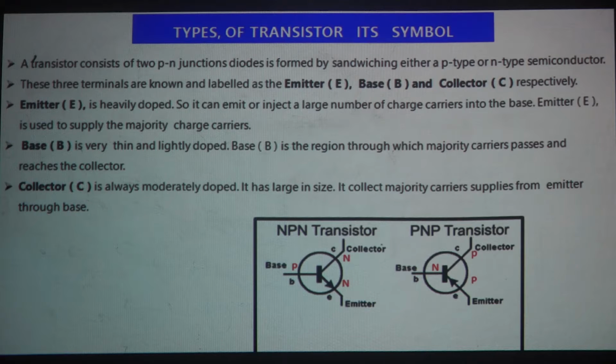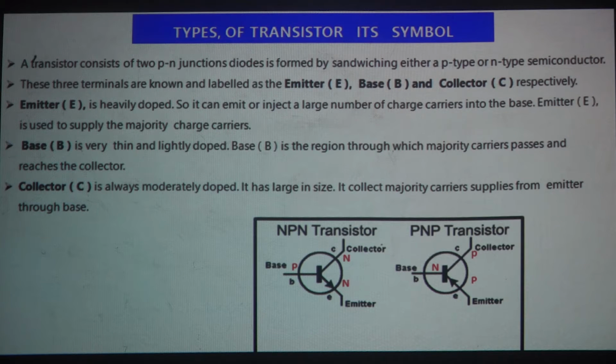Last one is the collector. The collector is always moderately doped. It is large in size in terms of area. It will collect the majority charge carriers supplied from the emitter through the base.